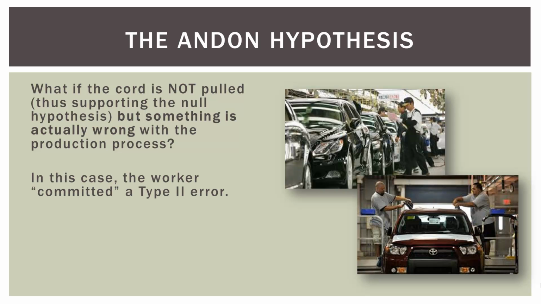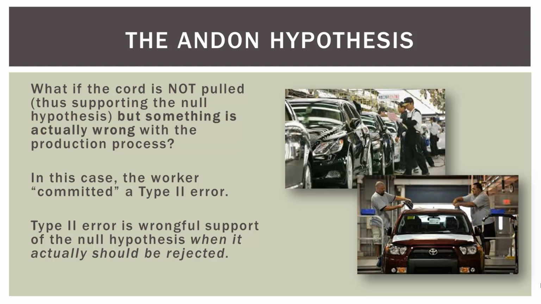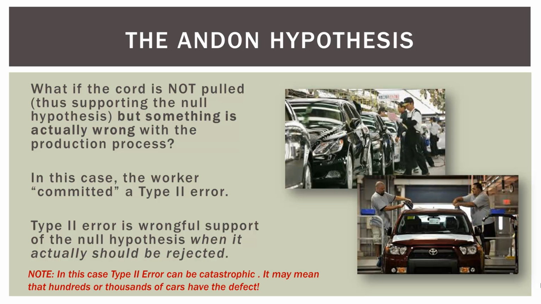In this case, the worker committed a type 2 error. So they failed to reject the null hypothesis. They failed to reject their assumption that everything is okay when something was actually wrong. So type 2 error is wrongful support of the null hypothesis when it actually should be rejected. Now, note in this case, a type 2 error can be catastrophic. It may mean that hundreds or thousands of cars have that defect built into them.